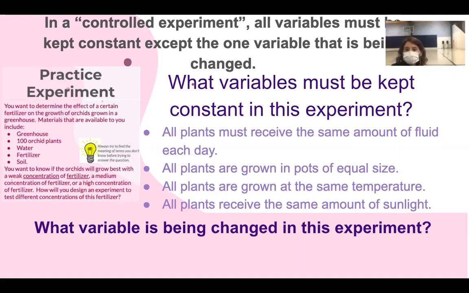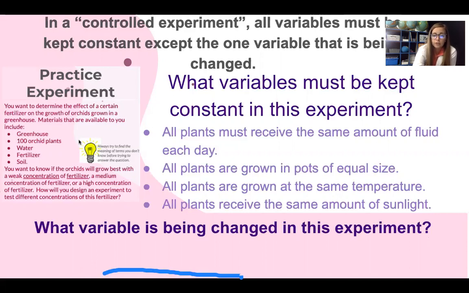But for the sake of time, we've got to answer this question here. What variable is being changed in this experiment? What are we testing? What is being tested here? I'm looking for someone who has not answered yet.